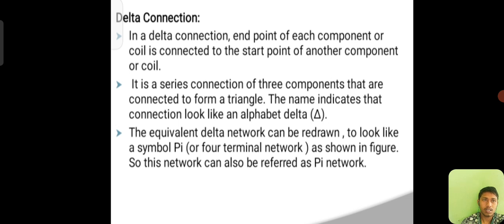The name indicates that the connection looks like the alphabet delta. The equivalent delta network can be redrawn to look like the symbol pi, a four-terminal network as shown in the figure. So these networks can be referred to as pi networks.